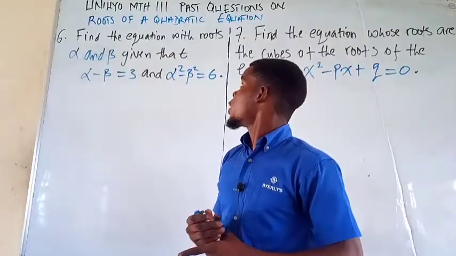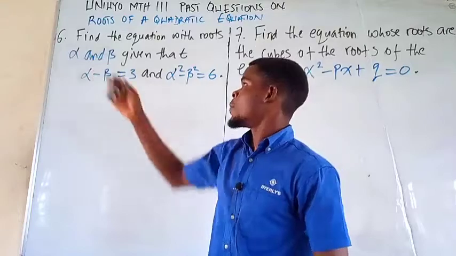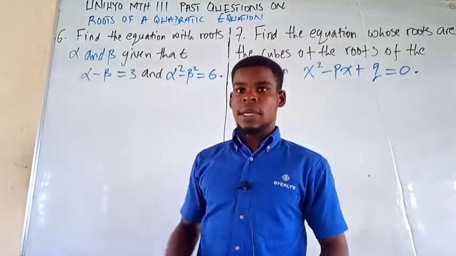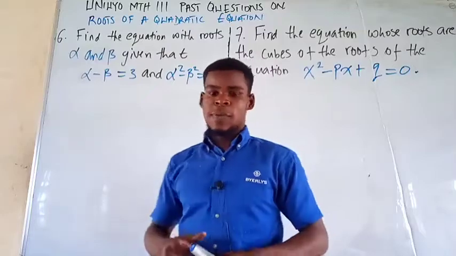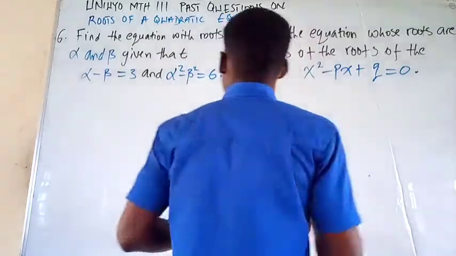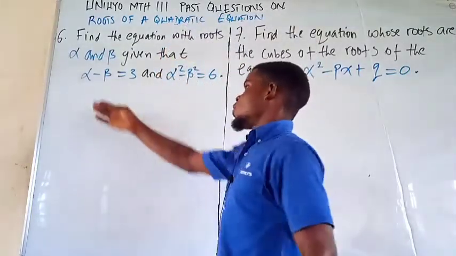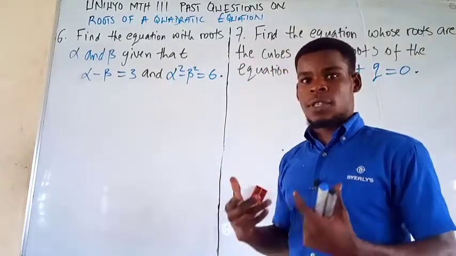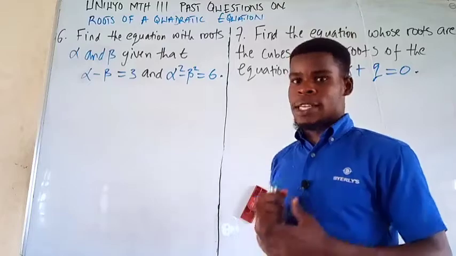Now here we are to find the equation with roots alpha and beta, given that alpha minus beta is equal to 3 and alpha squared minus beta squared is 6. So given the two equations, we are to form an equation where alpha and beta are the roots.